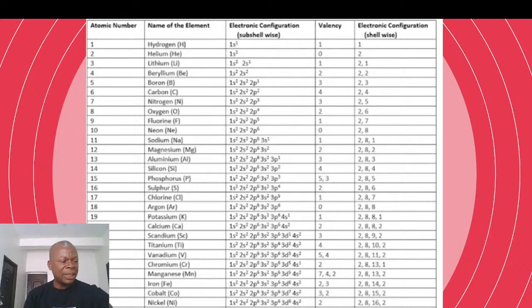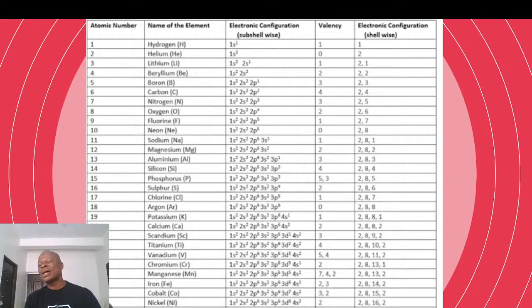Then, if you go to neon, which is the element with atomic number 10, neon has the symbol Ne.